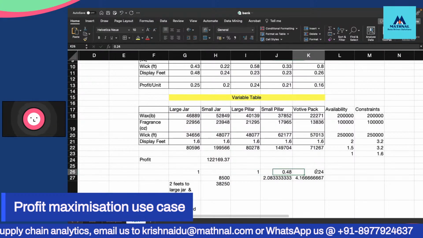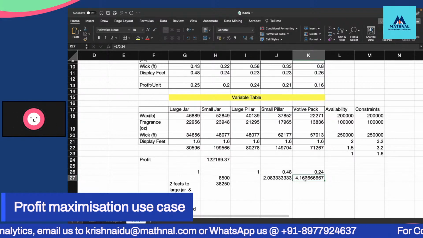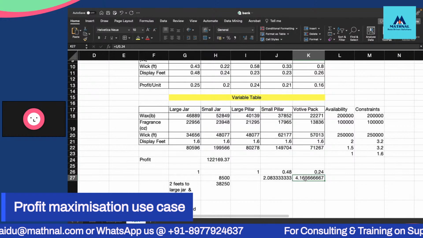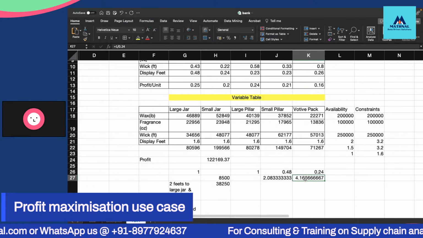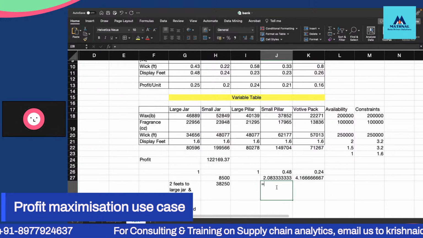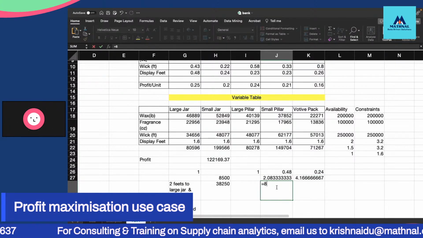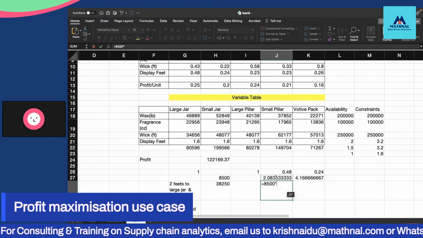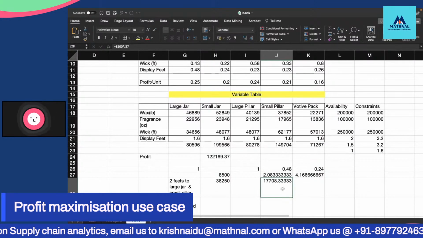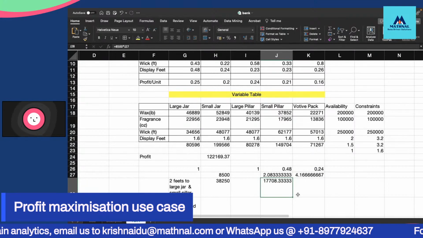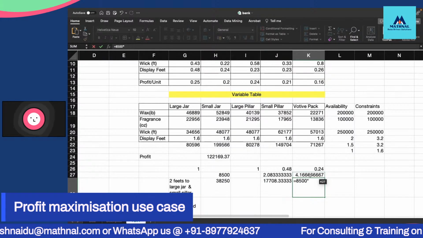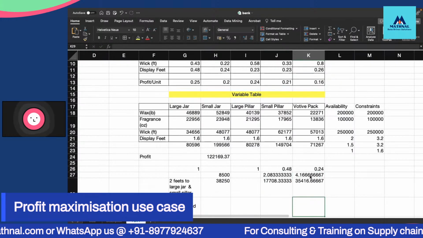Here in 1 foot we get 4 jars. So in 8,500 stores we get 17,708, and here in 8,500 stores we get 35,416.